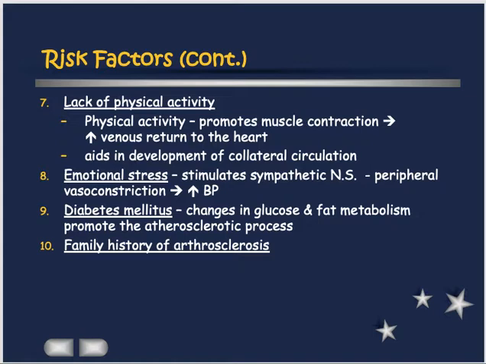They have almost the same risk factors. So if you can remember the risk factors of myocardial infarction, you can say those are the risk factors for all the arterial conditions.